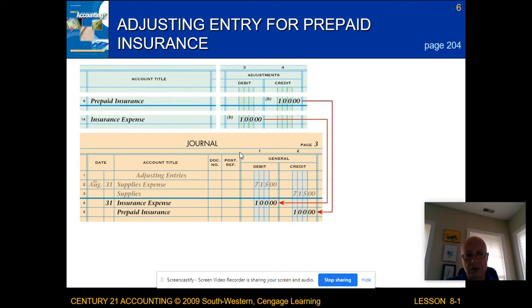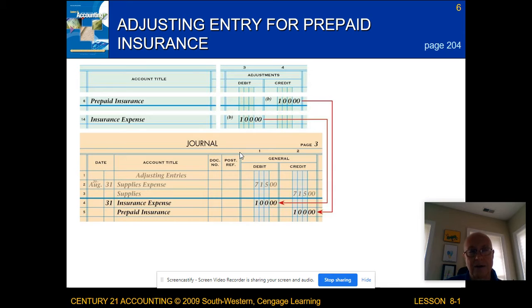You guys know the drill at this point. We've done this enough that I'm not going to belabor this. But again, right below the supplies entries, we do the prepaid insurance entries. Remember, the debit entry always goes first, so we're going to be recording our debit entry first. And this is why I've asked you guys to make sure you're putting the alpha character next to it so you can easily identify which applies to which.